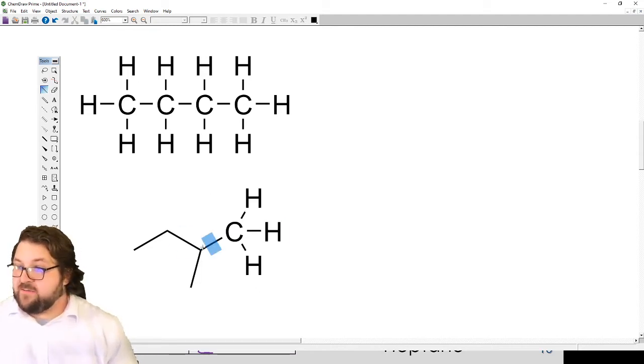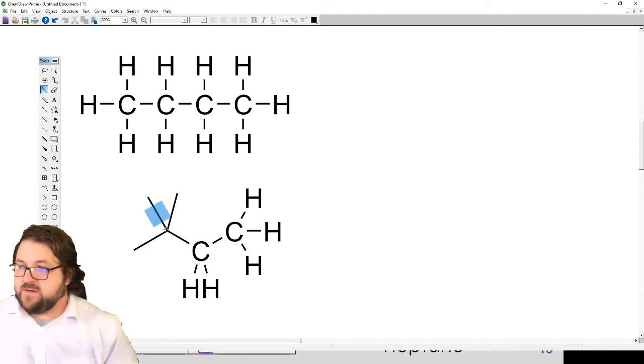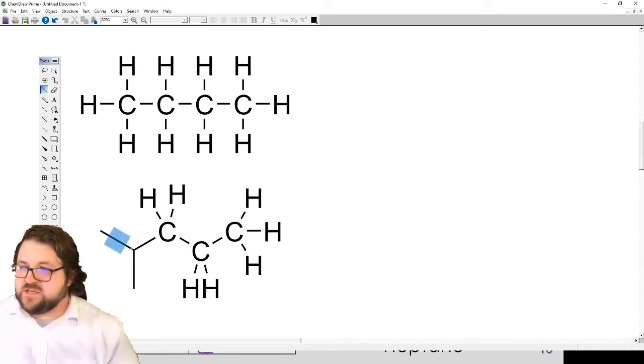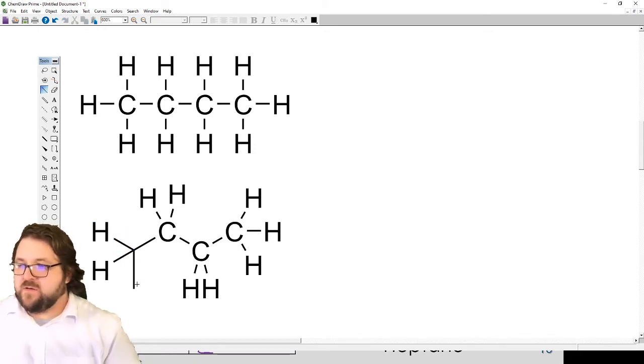Let's just prove that that works for all the others. So, yeah, there's 2 there because this carbon atom has 2 bonds already. This carbon atom, that needs 2 more bonds as well. So that's that. And then this carbon atom at the end, that needs 3 bonds in total. And so we've got that.